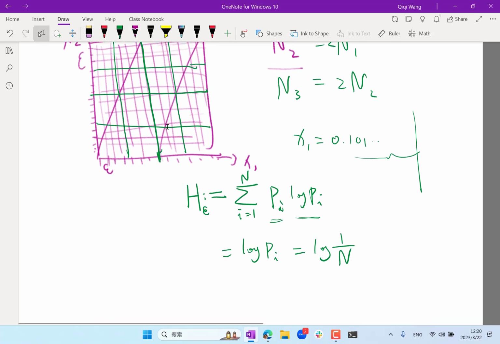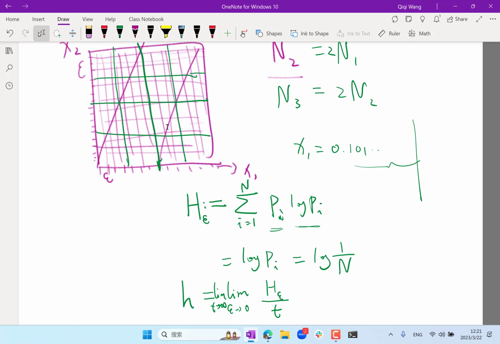Then the entropy of the dynamical system is going to be the limit with 2 limits. One is epsilon goes to 0, the inner limit, and then there is a limit of t goes to infinity of h epsilon over t. Actually, the other way, sorry.